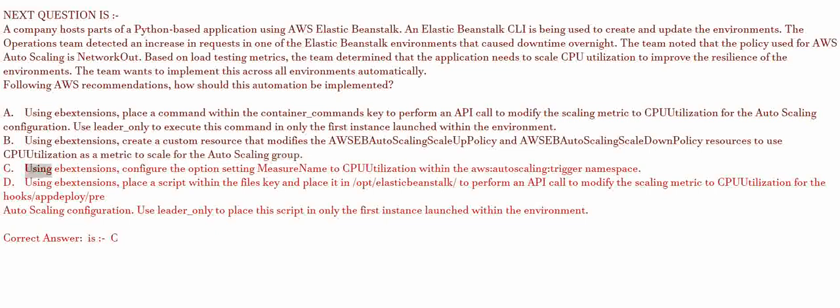C. Using EB extensions, configure the option setting measure name to CPU utilization within the AWS auto-scaling trigger namespace. D. Using EB extensions, place a script within the files key and place it in /opt/elasticbeanstalk/hooks/appdeploy/pre/ to perform an API call to modify the scaling metric to CPU utilization for the auto-scaling configuration.